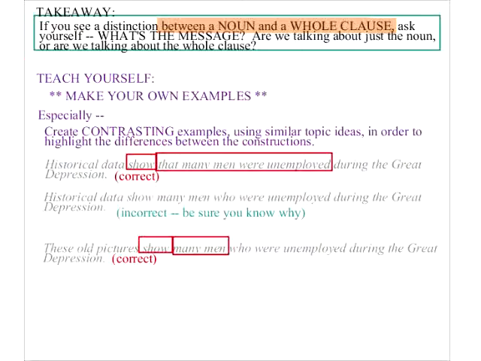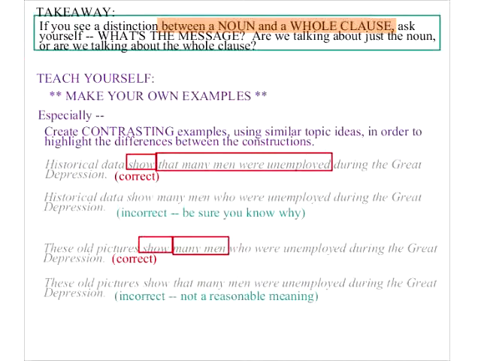You can't have data that show people, because that's what pictures do. Also, these old pictures show that many men were unemployed during the Great Depression is not reasonable, because a picture can't show that someone doesn't have a job. So it helps to construct your own examples from these kinds of things.